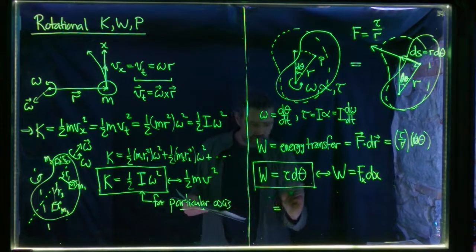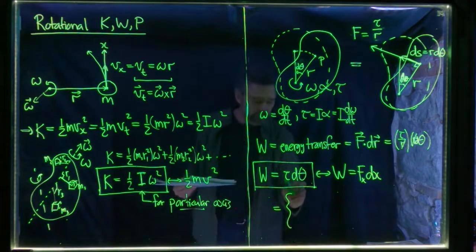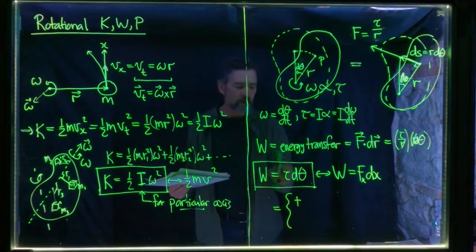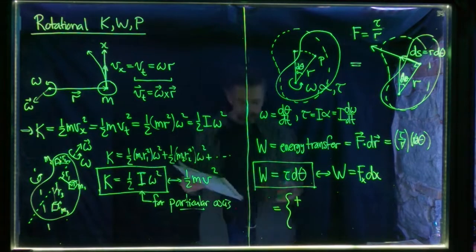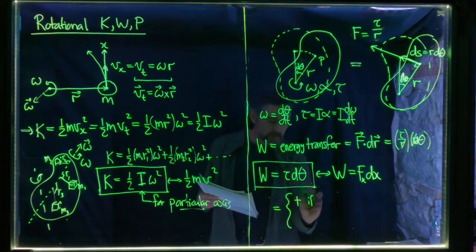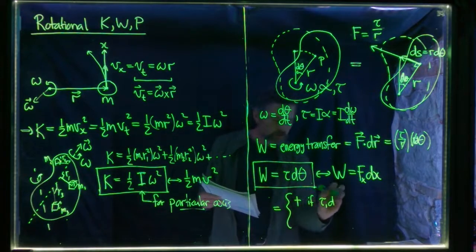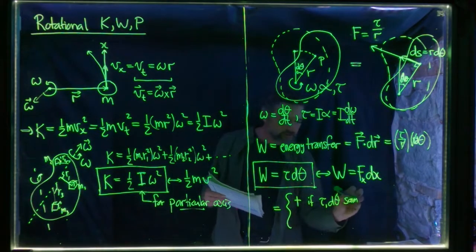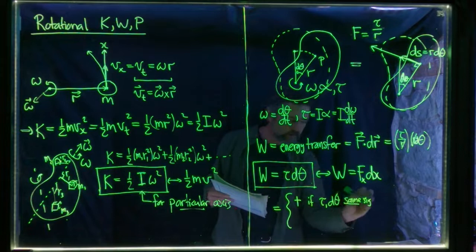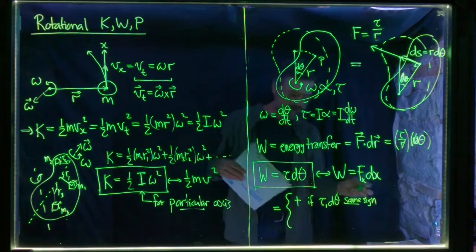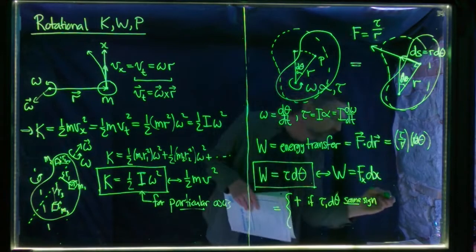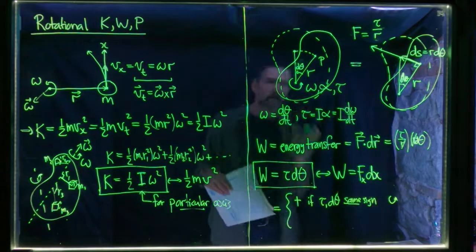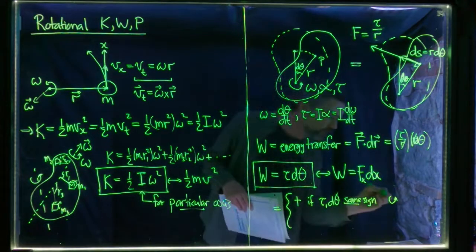So this work will be positive if both tau and d theta are positive, or if both tau and d theta are negative. So positive if the torque and d theta have the same sign. So that's this kind of situation. The twisting force is, let's say, counterclockwise, and d theta is counterclockwise.